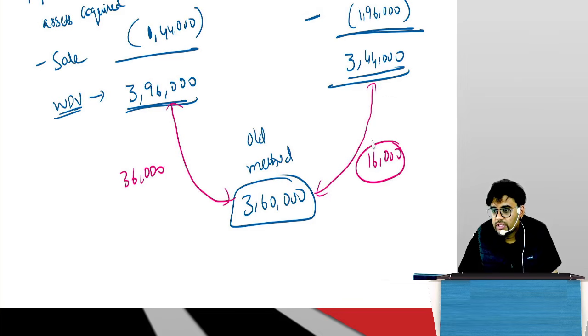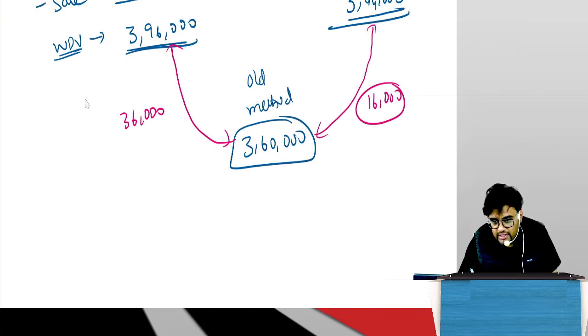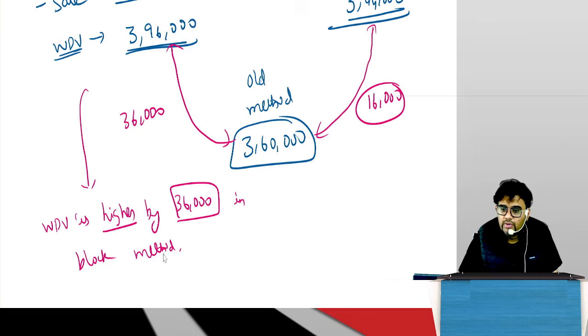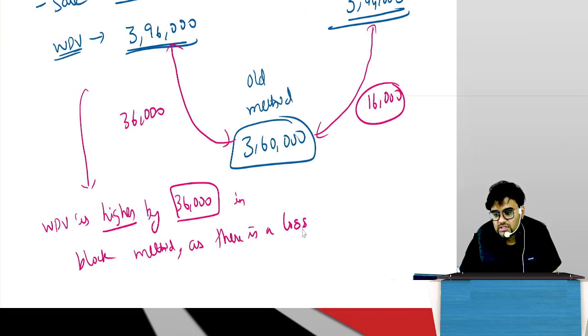So my question to you is, compared to the old method, WDV is higher by 36,000 rupees in the block method, as there is a loss.